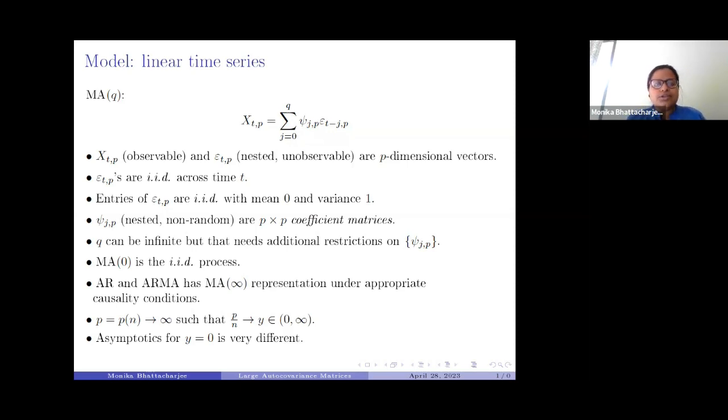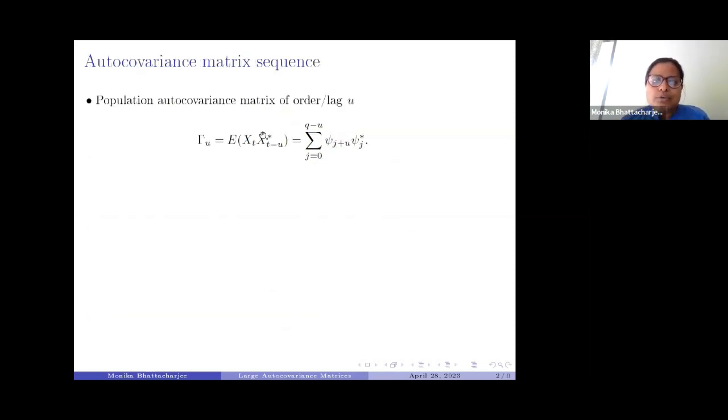Now, as it is strictly stationary, it is also weakly stationary. Therefore, the key quantity to study for these models is the autocovariance sequence. The population autocovariance of order or lag u is defined here. It is the expected value of xt times xt minus u star.